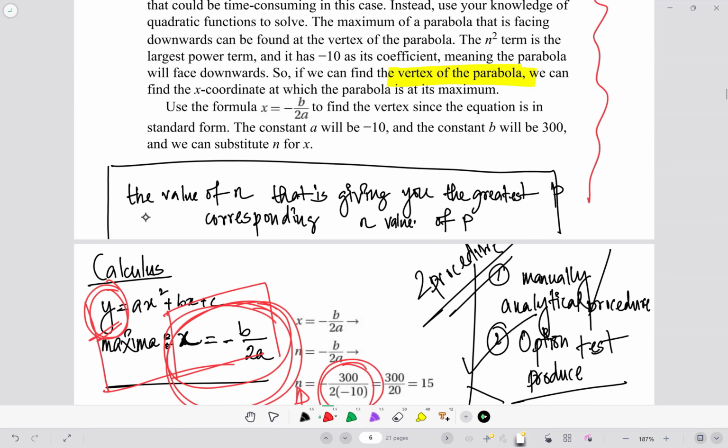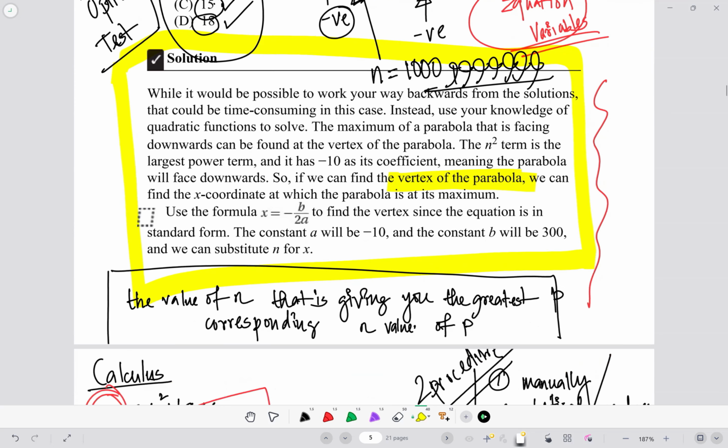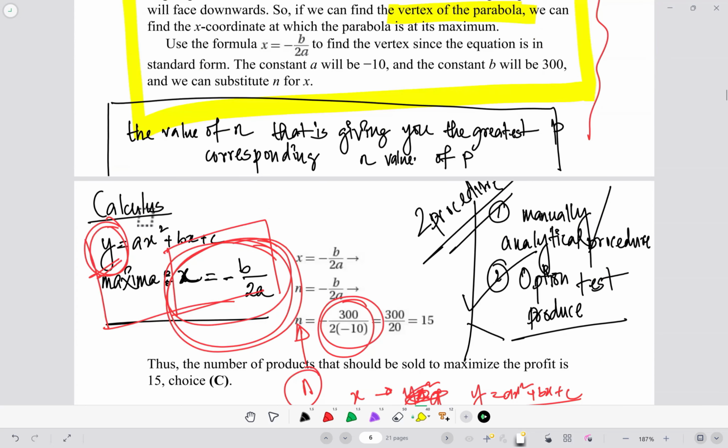But the topics they are talking about here, in this yellow marked region, they are basically telling you how this equation produces the biggest y value for x equals negative b by 2a.